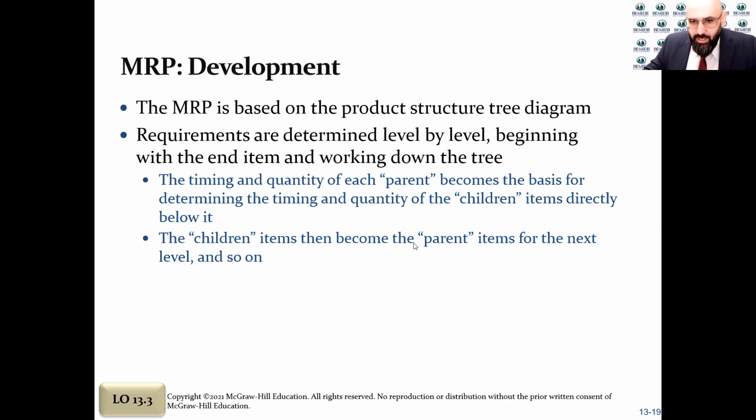Requirements are determined level by level, beginning with the end item and working down the tree. The timing and quantities of each parent become the basis for determining the time and quantities for the child item directly below it. The child items then become the parent items for the next level and so on.